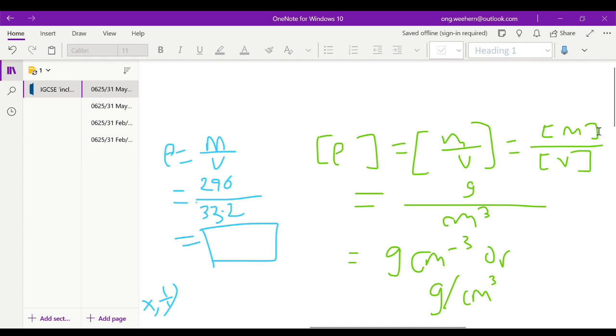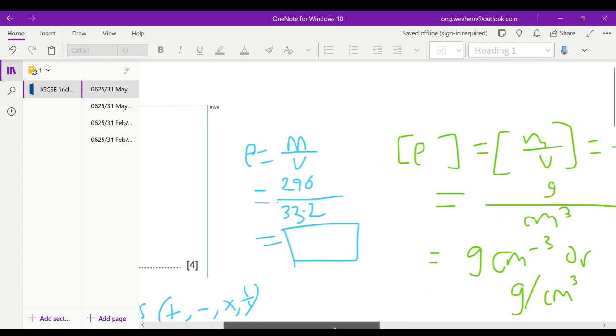We know that the unit for mass is gram and the unit for volume is cubic centimeters. So we substitute them in and we have gram cm to the power minus 3, or you can write it as gram per cm cube. You must be wondering why the units can change from one form to another, from gram to gram per cm cube.